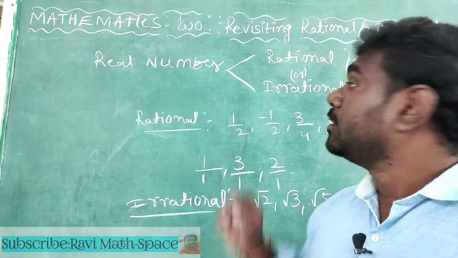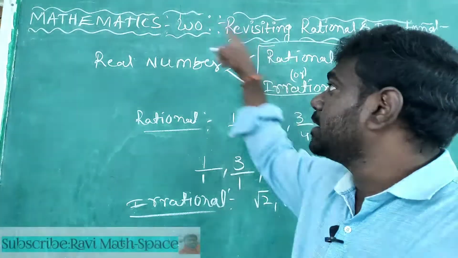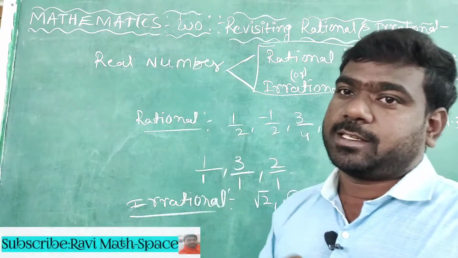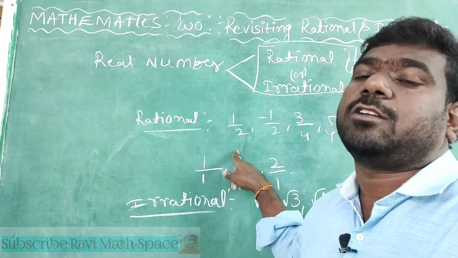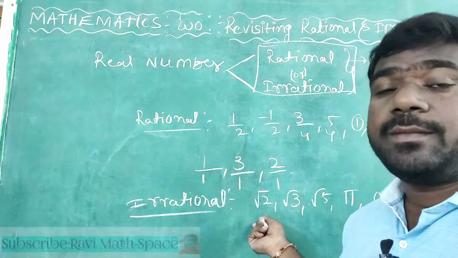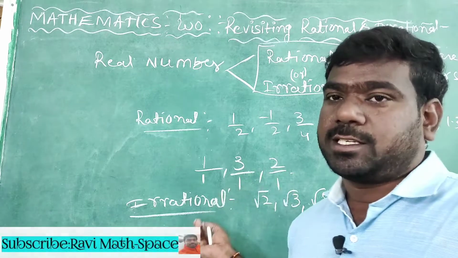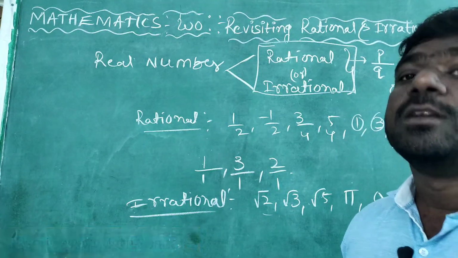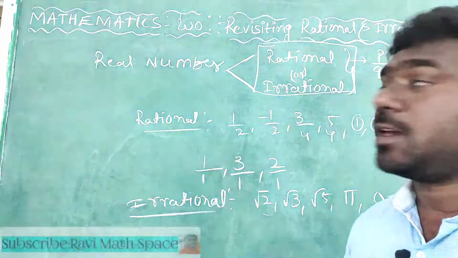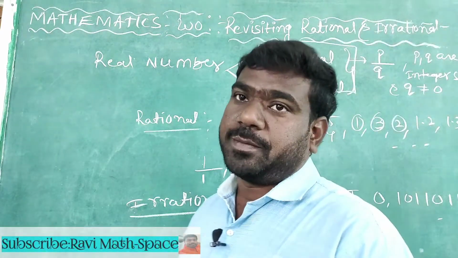Understand here: both combined are called real numbers. Rational means p by q form should be there. Irrational means it should not be in the form of p by q, we can't write it. Such types of numbers are called irrational numbers. Okay, this is about rational and irrational numbers.